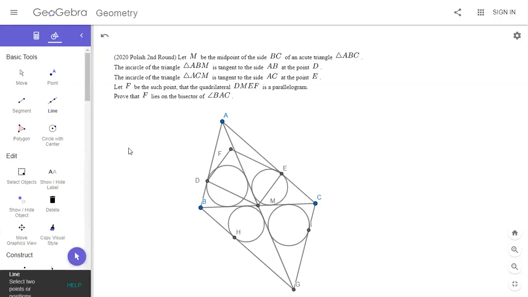Are E, M and H collinear? I think E, M and H and D, M and I are collinear by symmetry. And triangle DBH is congruent to triangle ECI. So DHIE is a parallelogram.